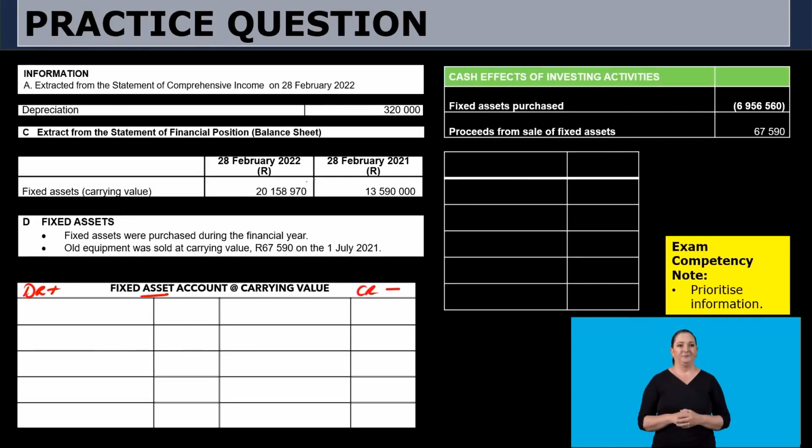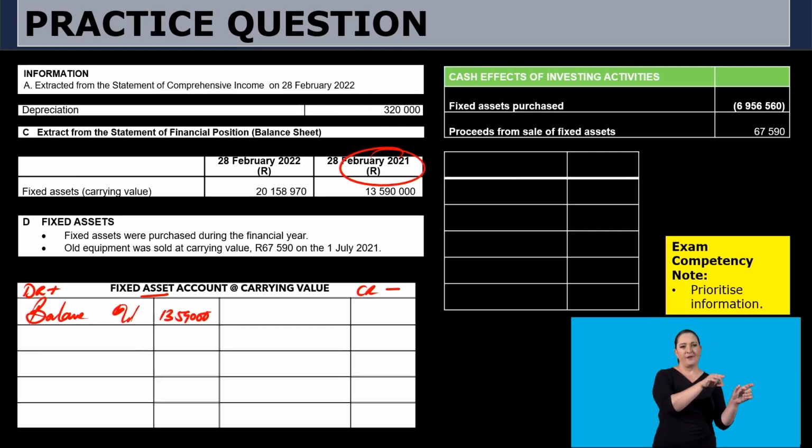All right, so I'm going to say opening balance will be in 2021. So I have my balance brought down here, that is 13,590,000. Then I have my other balance here, which is my balance brought down, 20,158,970.